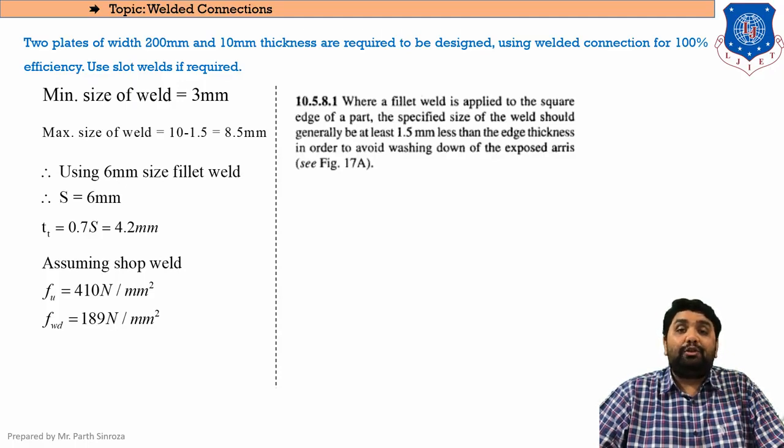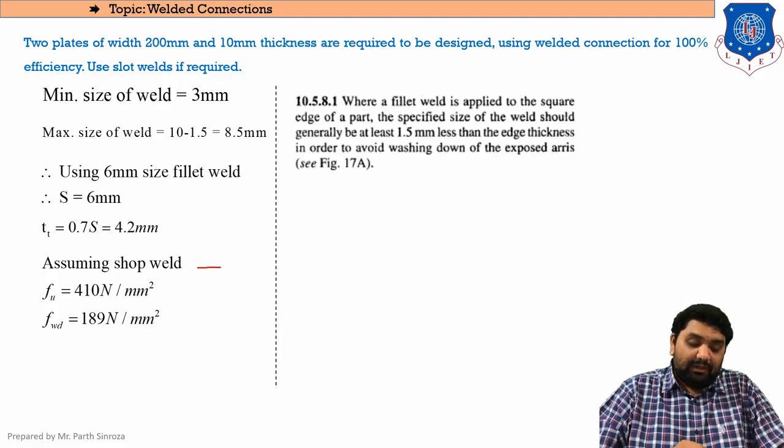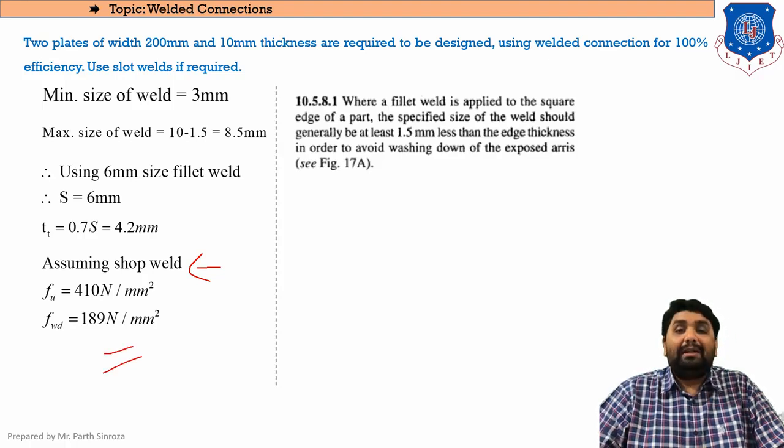For that we need to assume the type of weld, because in this question it is not given whether we are using shop weld or field weld. So here we are assuming that we are using shop weld. So for shop weld, FWD will be 189 Newton per mm square. Also the grade of plate is not given, so again we are assuming it to be Fe410 plates.